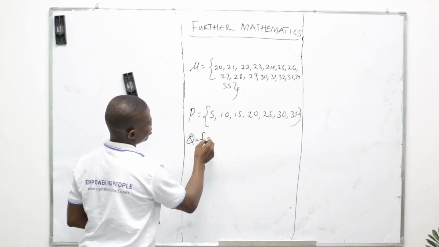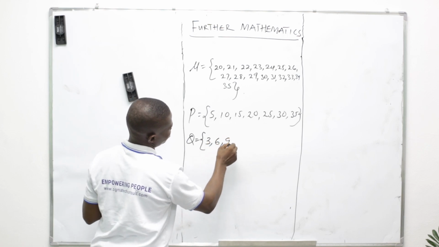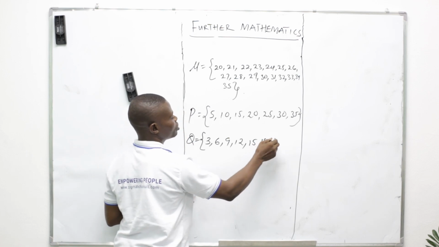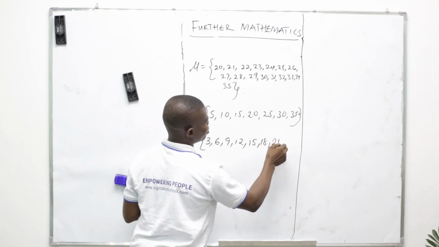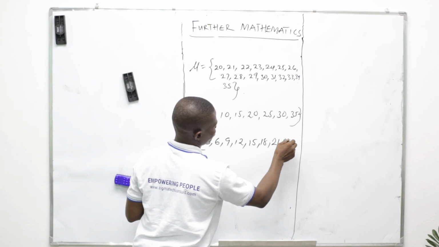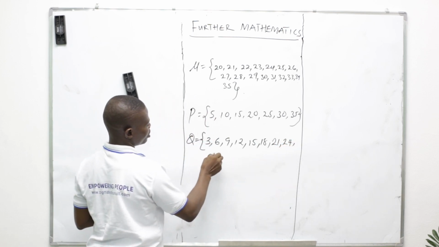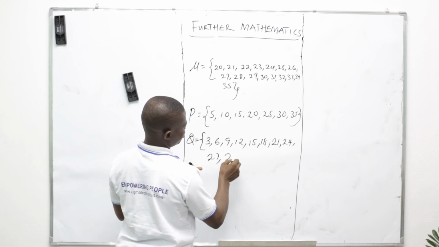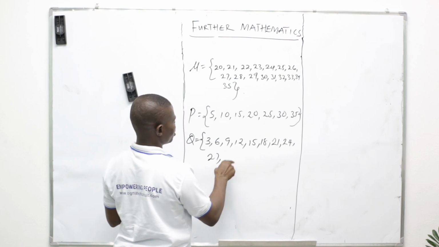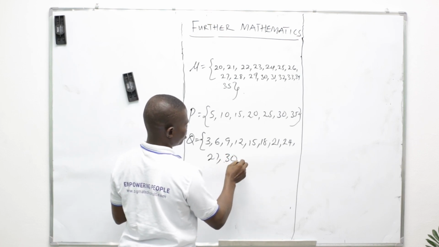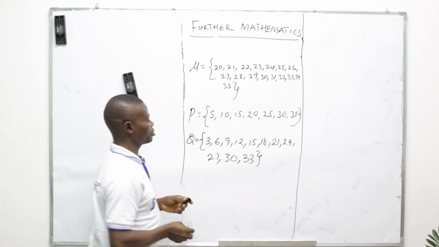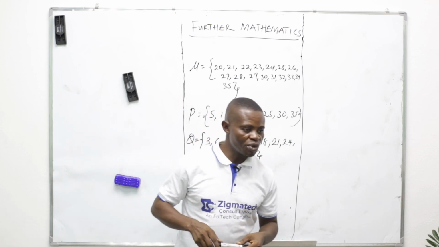Q equals 3, 6, 9, 12, 15, 18, 21, 24, 27, 30, 33. Okay.